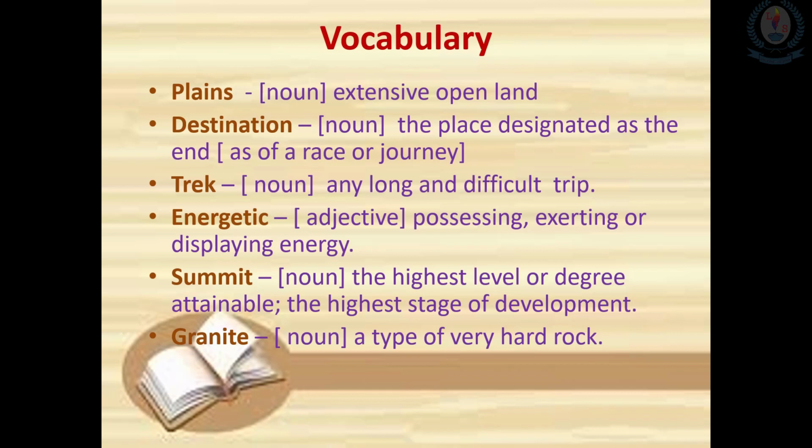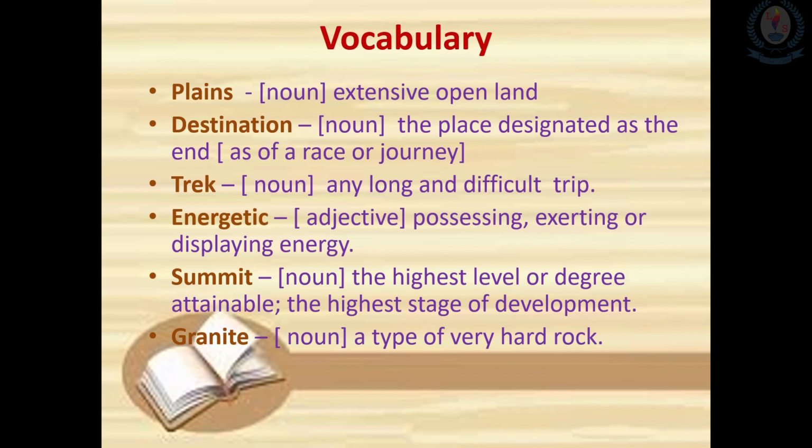Then destination. Destination means the place designated as the end. It is also a noun. Trek: any long and difficult trip. It is also a noun. And next one, energetic: possessing, exerting or displaying energy. It is an adjective.